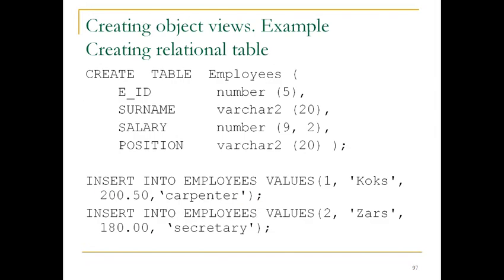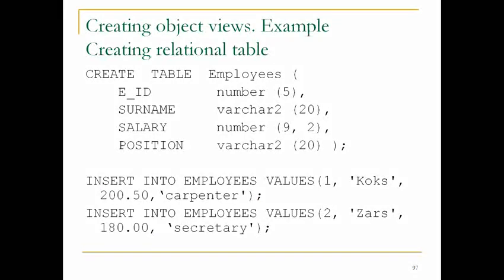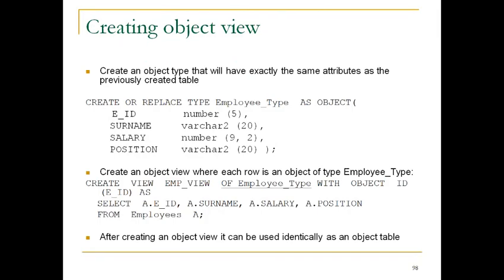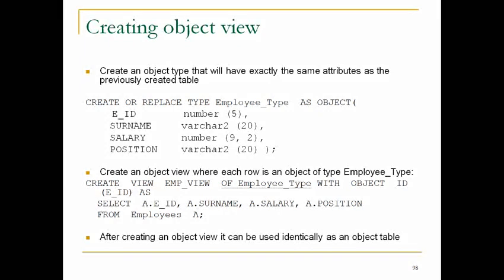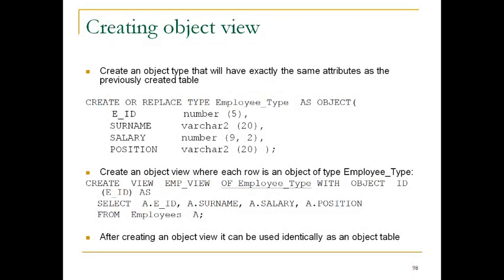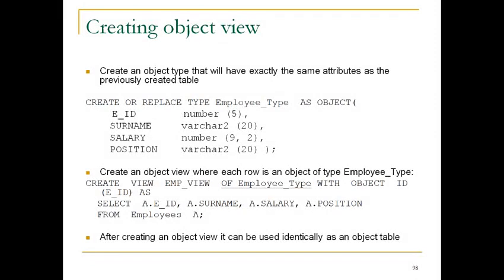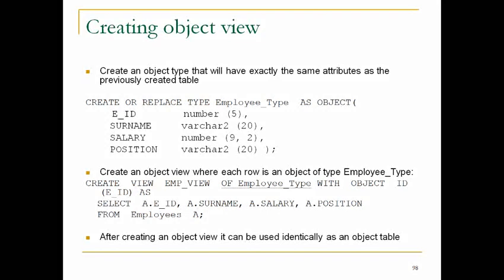Actually, it was not defined as a primary key, but it should be. Here it should be stated that this is primary. And we just select the fields from the table we need. We can select all fields by specifying this asterisk, or some fields as here. And from now on, we can treat this view as an object table.